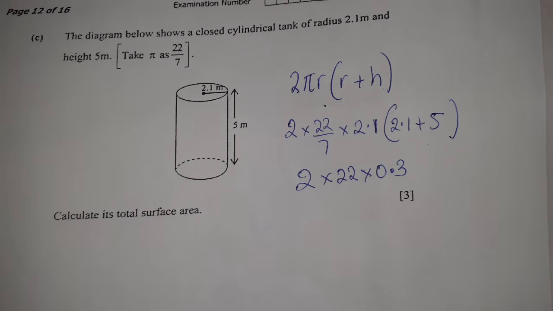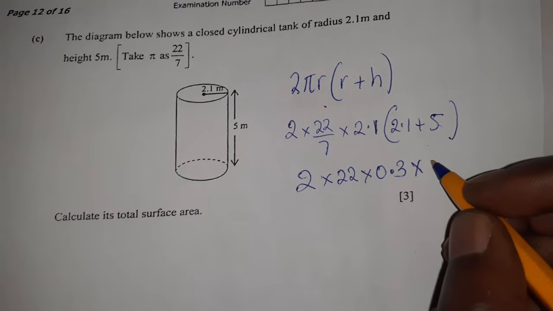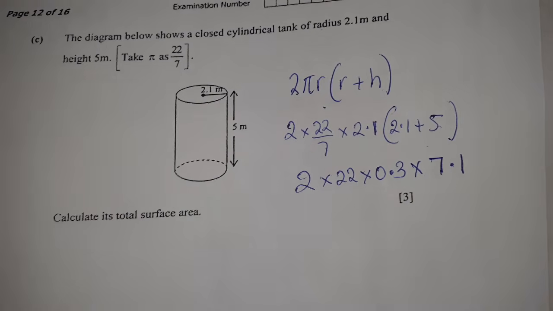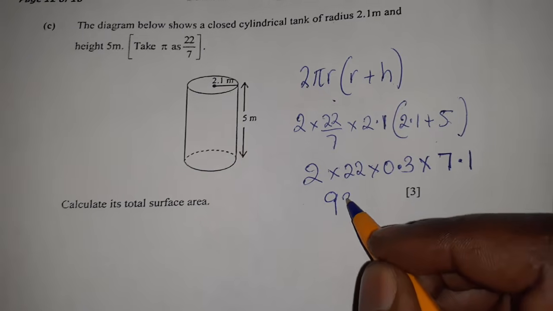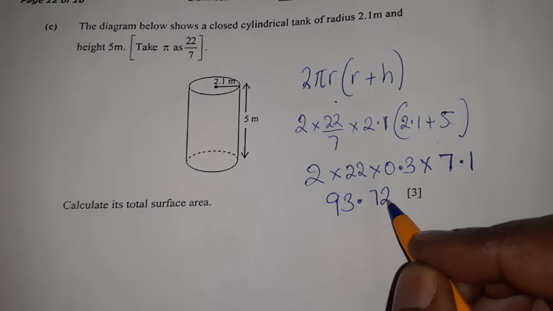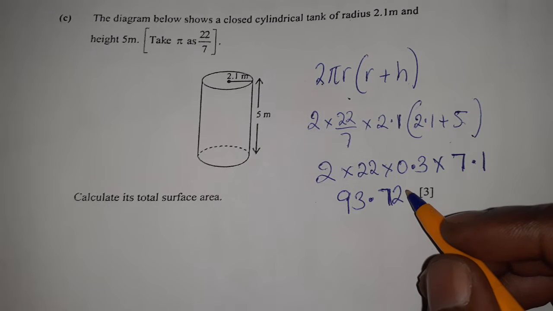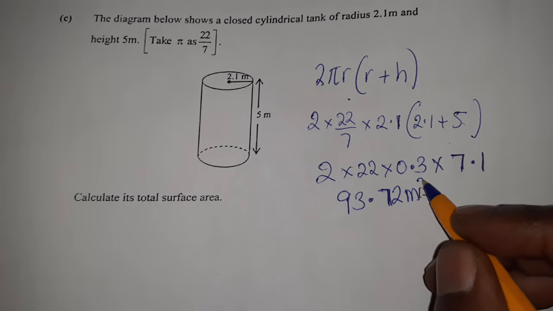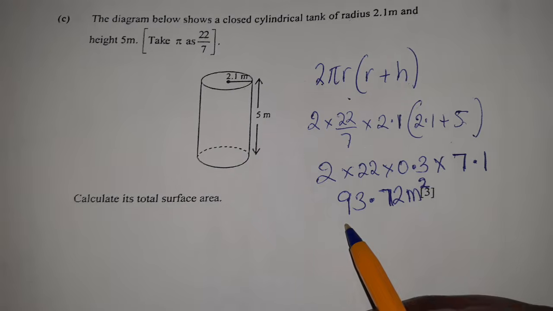Okay, then multiplied by, when we add these two, what do we get? We get 7.1. So we multiply these now, and so when you multiply these, we are going to get 3.72. Okay, what do we have? Meters square. Okay, that's what we're going to get.